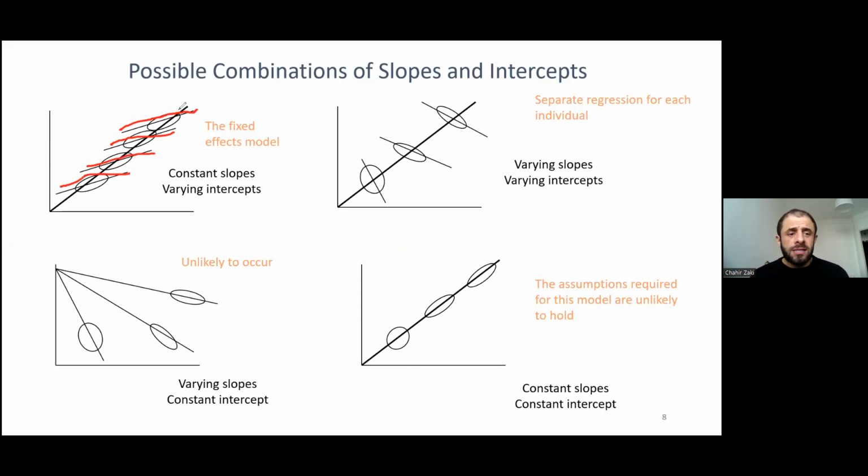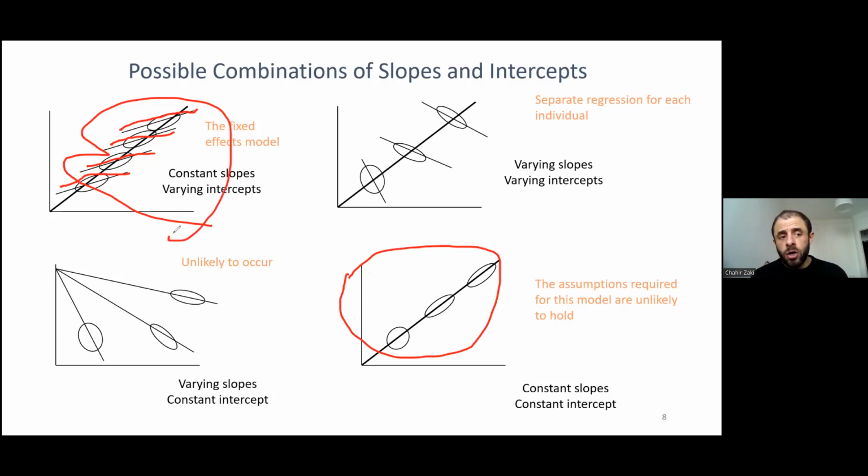But all the countries, as you can see, have the same slope. So here we have constant slopes and different intercepts. And that's what we call the fixed effects model.